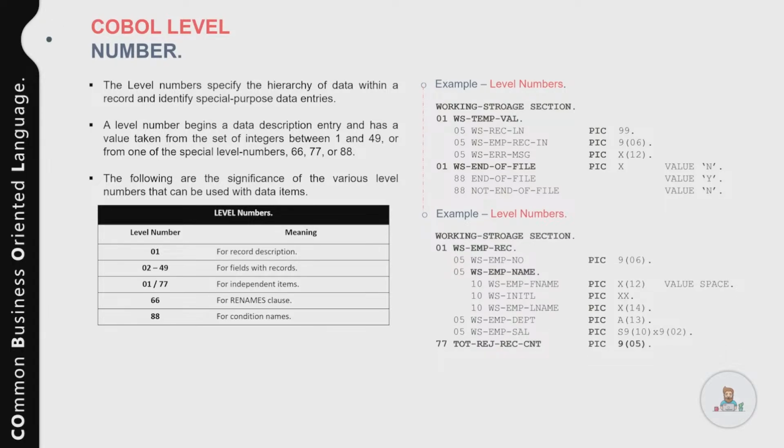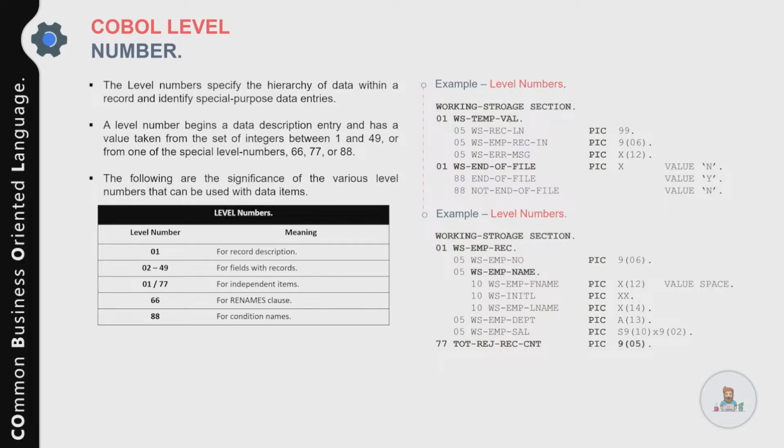The first one is WS-TEMPORARY-VARIABLES, and within that particular record description we have individual elements defined at level 05. So first one is the record length variable, which is defined with a picture clause, that is PIC 99, a numeric. Similarly, you have WS-EMP-REC-IN, and thereafter you have WS-ERROR-MESSAGE.